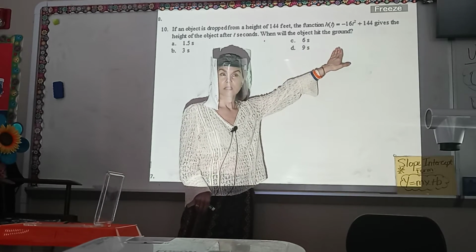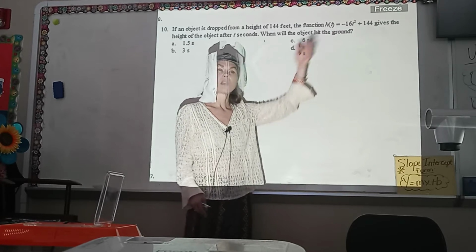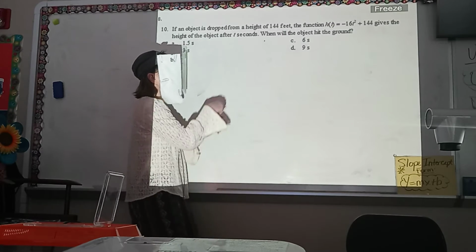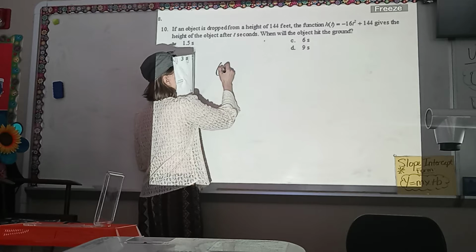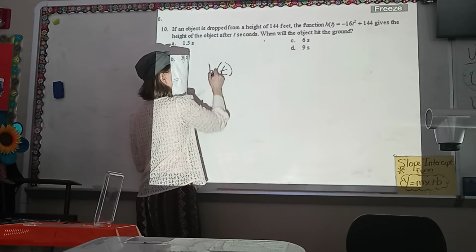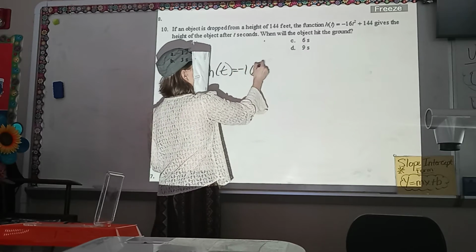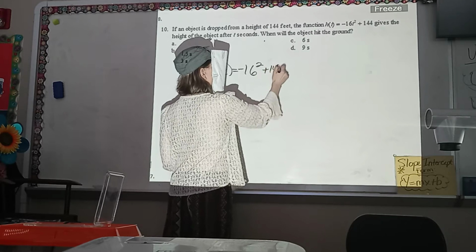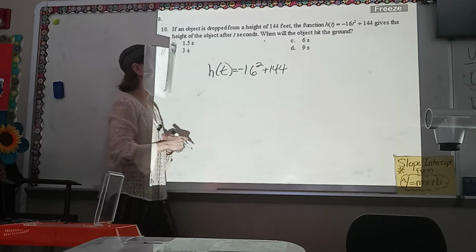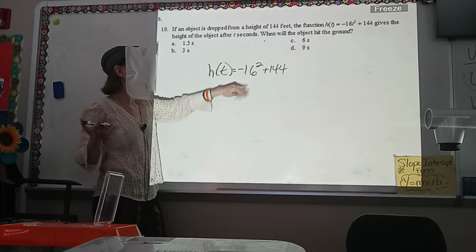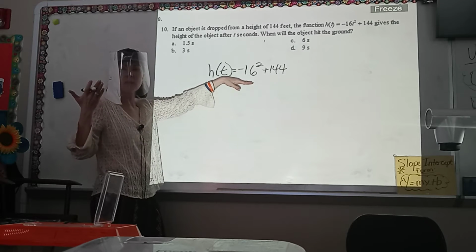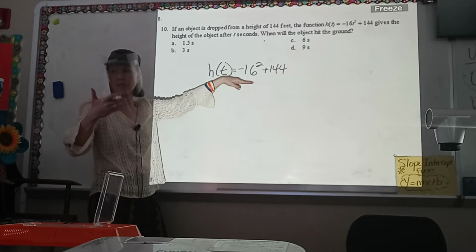Solve the quadratic. So here we have h of t. Let's write it down. h of t equals negative 16t squared plus 144. This is our function, and we have to solve it, so we have to set it equal to 0.